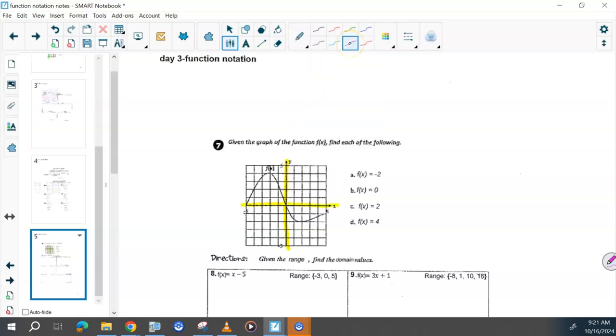But now I'm looking at when y is -2, what is your x value? I'm looking at when y is -2, that would be along this line. Not 1, but 2.